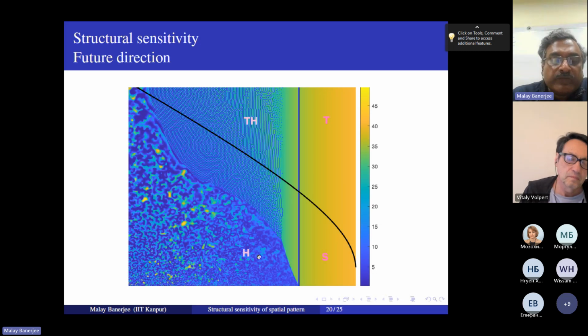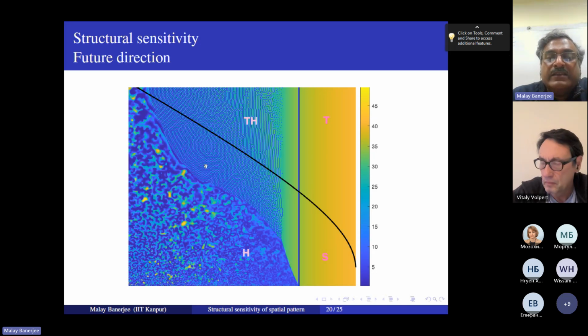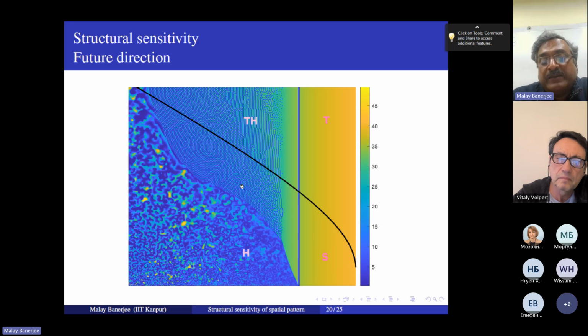Similarly, over this entire range we have spatiotemporal chaos, and in this range we have a stationary distribution. But this figure fails to give us a clear-cut idea of how many different branches of stationary solutions can exist for this range of parameters. It is just some sort of heuristic approach to understand for which combination of parameters we can see what type of different patterns.